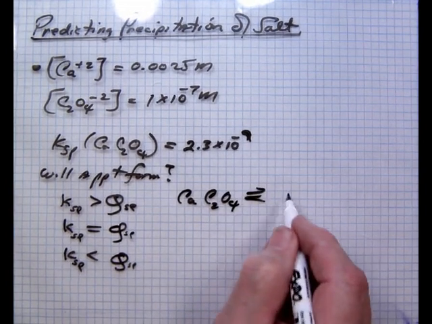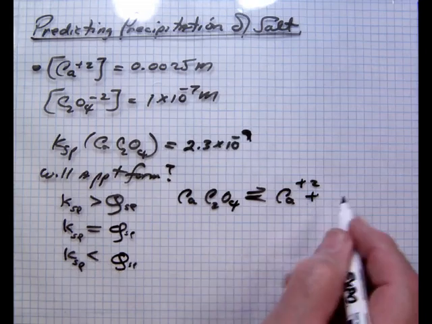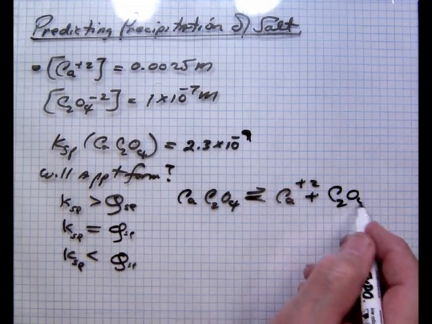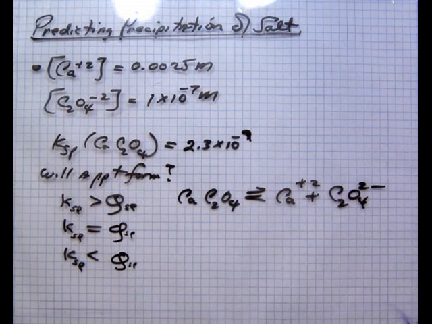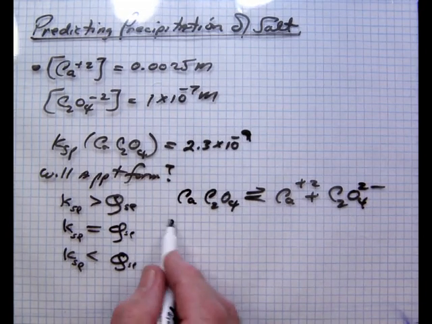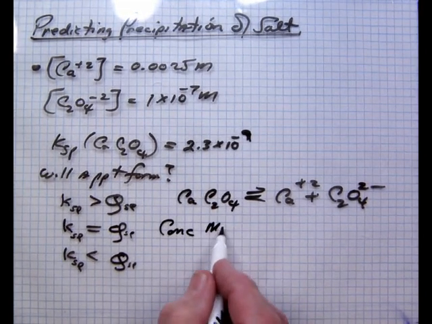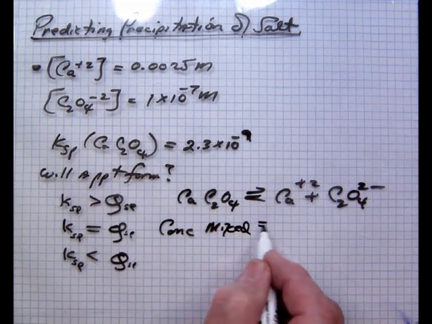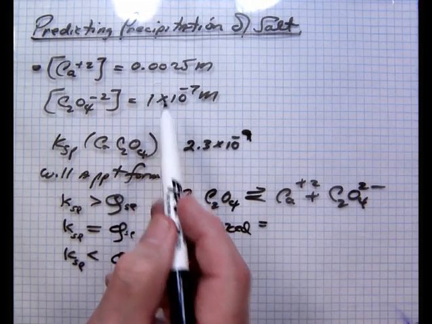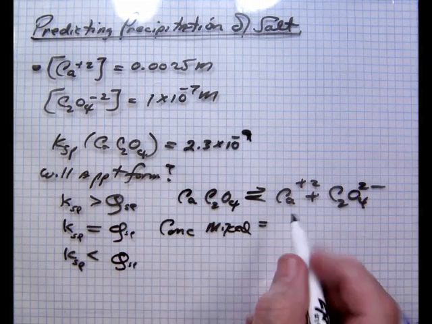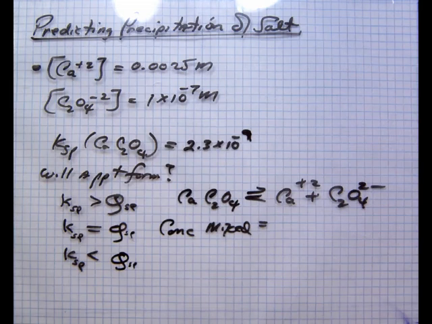So in this issue that we're looking at here, what you're saying is you have calcium oxalate that's ionizing to deliver calcium ions and oxalate ions. Well, the concentrations mixed equal what they give you up here. So they're not telling you this is the saturation point. They're asking you if the precipitate is going to form.